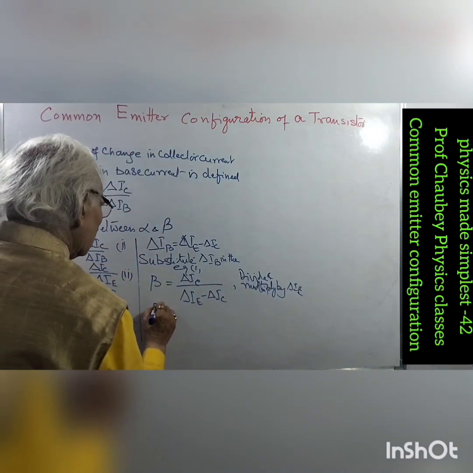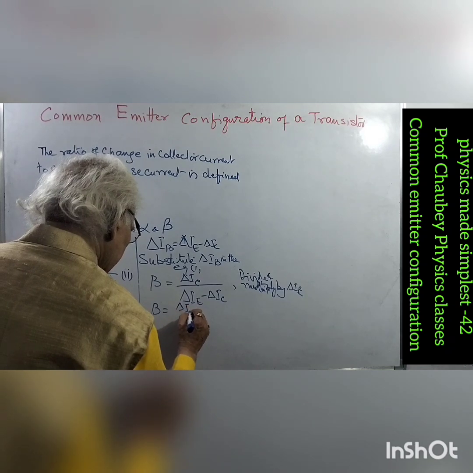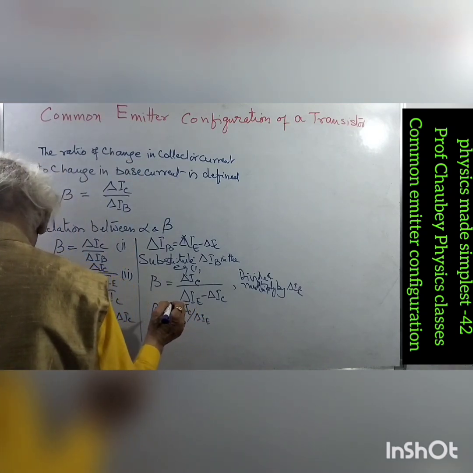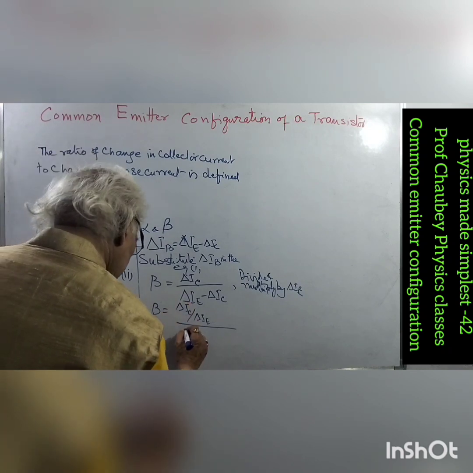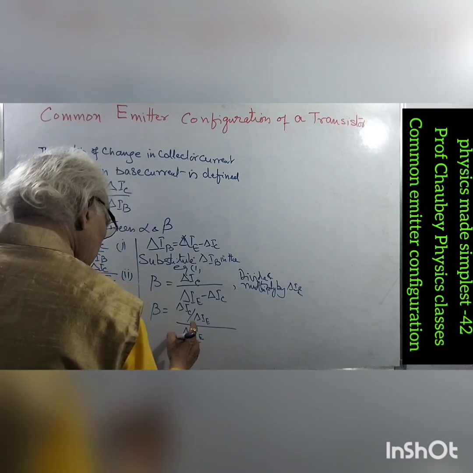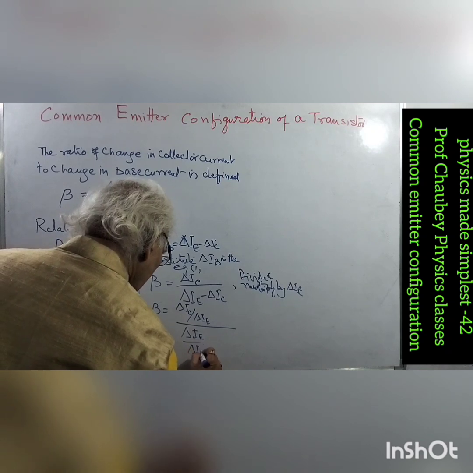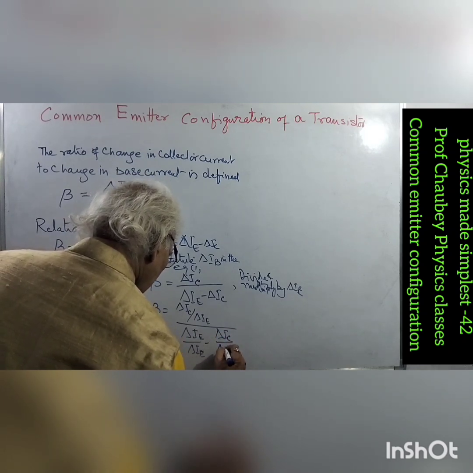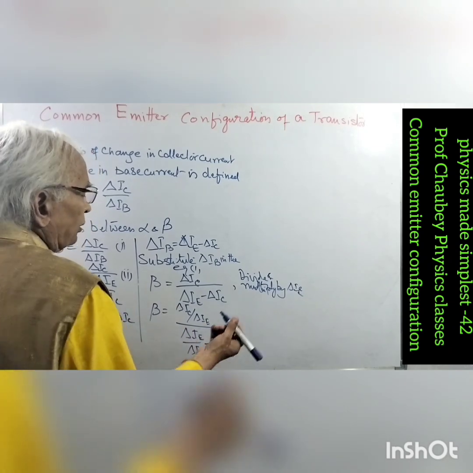So beta is equal to delta IC divided by delta IE, over delta IE divided by delta IE minus delta IC divided by delta IE. I have just divided by delta IE, so the same thing in the denominator, so there is no change.